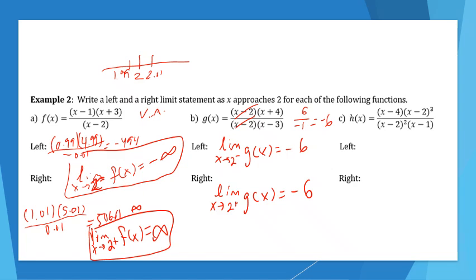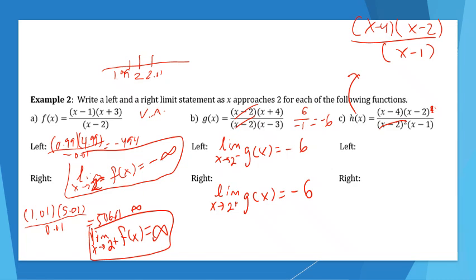For the final one, let's cancel what we can. So we can cancel out an x minus 2 squared, and we're just left with x minus 2 on the top. So here, this simplifies to x minus 4, x minus 2 over x minus 1. We can now plug in 2, no worries, because there's no domain error.